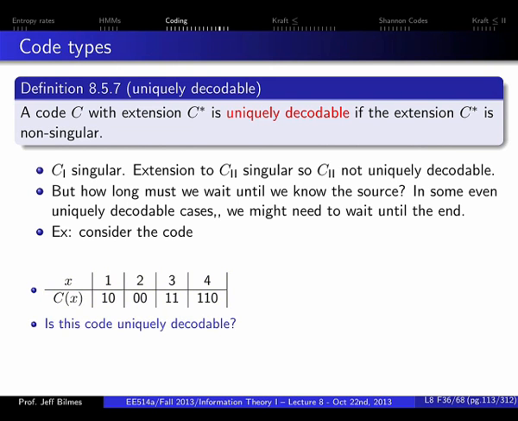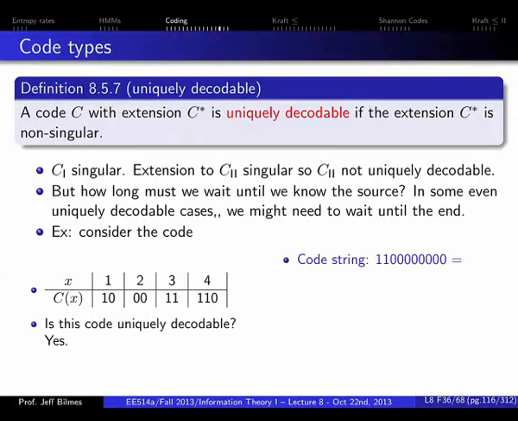Because every single source symbol has a different code word. Is the extension non-singular, I mean? There's no real ambiguity. It is.